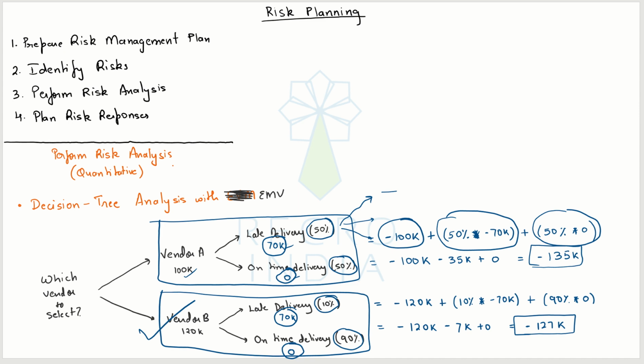And then we do the same calculation and then derive the overall value of late delivery impact. So it can get more complicated, but this is the gist of it. And like I said in the last video also, we don't have to go into the depth of these techniques, but we just have to make sure that we understand how they are being used and what exactly is the outcome that we are getting from them.